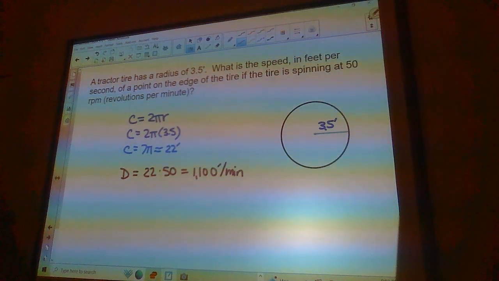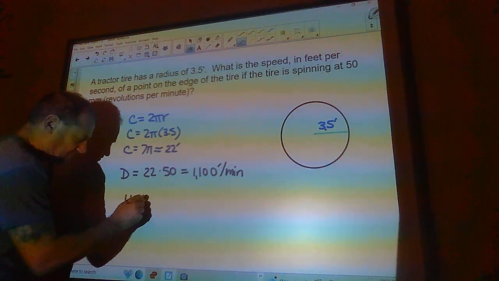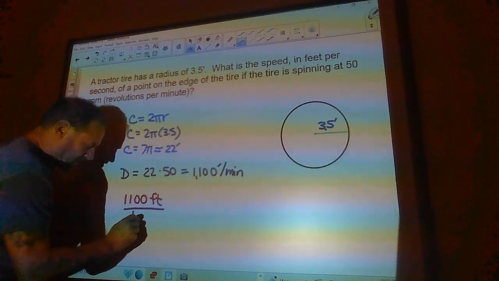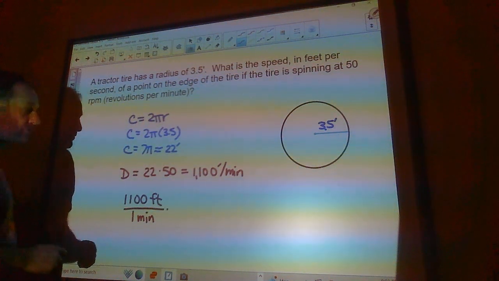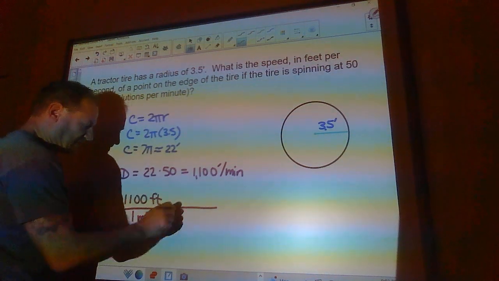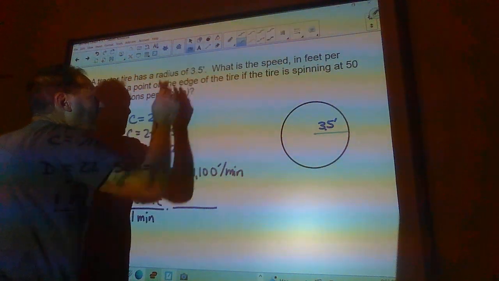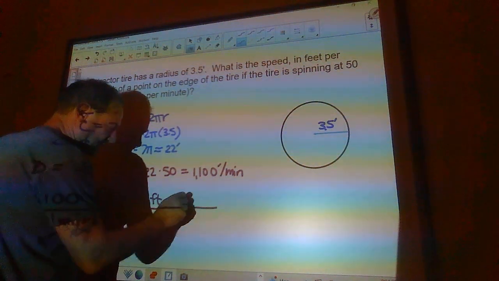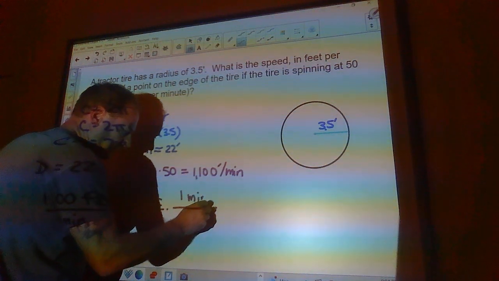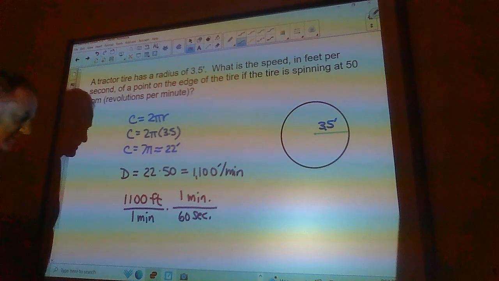Okay, what is the speed in feet per second? So this is in feet per minute. So if we've got 1,100 feet in 1 minute, we need to convert that to feet per second. So we've already got the feet in the top. Okay, so we want to convert to seconds. So we've got 1 minute is equal to 60 seconds.